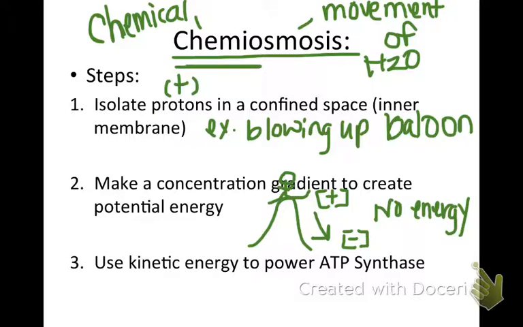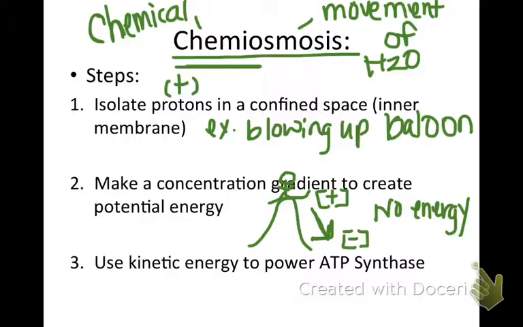So, you have put those protons in a very confined space. A high concentration. There's a lot of protons in that space. It's at a high concentration. It's going to want to leave and go to a lower concentration, a less crowded space, and that's not going to take any energy.